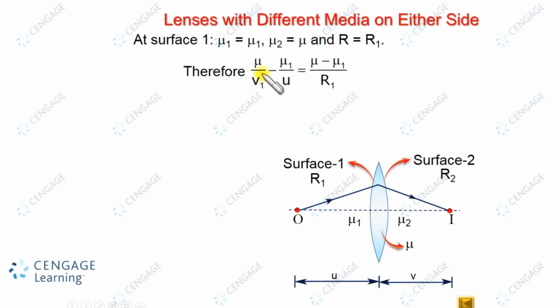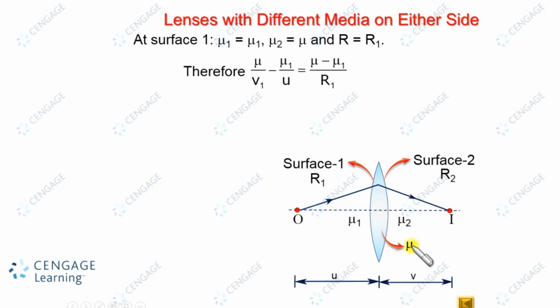Now V1 is the image of the object formed by this surface, and the image formed by this surface will serve as the object for this surface. That means the object distance for this surface is V1, and let us consider the final image formed at V. That means the image distance should be V. Now consider the values of mu1 and mu2.